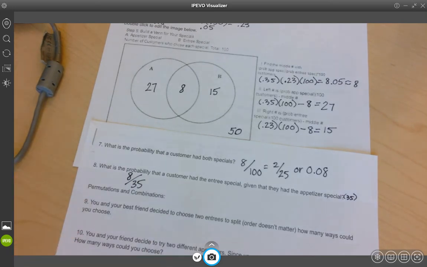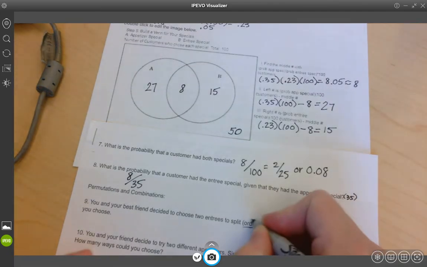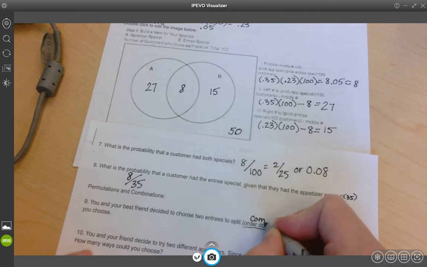So if the order doesn't matter, is that permutation or combination? Think back to your warm-up. If the order doesn't matter, permutation or combination? I heard a vote for combination. Anybody else want to agree with combination? Yes. If the order doesn't matter, that is combination.